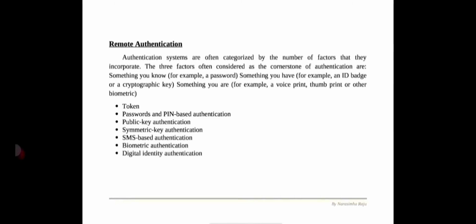Common methods used in authentication systems are token, password and PIN-based authentication, public key authentication, symmetric key authentication, SMS-based authentication, biometric authentication, and digital identity authentication. Coming to token authentication, tokens generally are something the claimant possesses and controls that may be used to authenticate the claimant's identity.